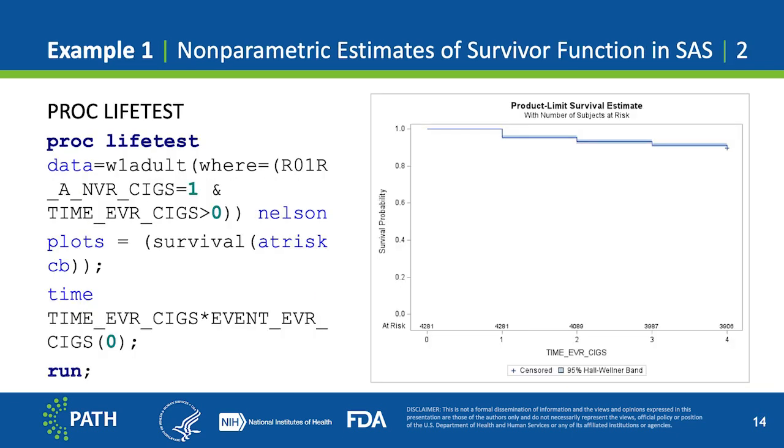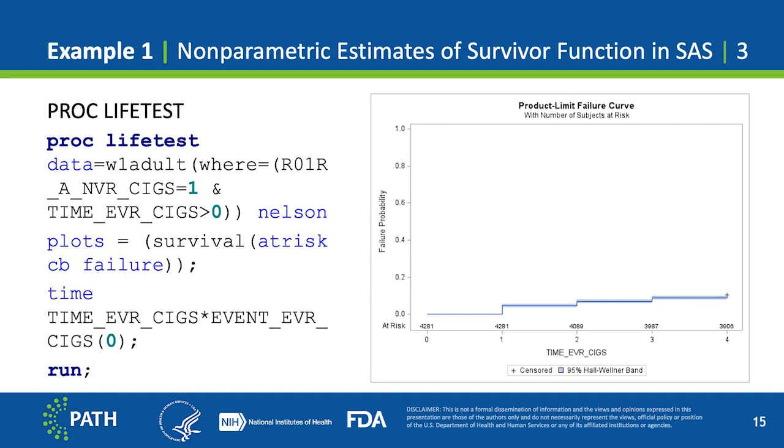In addition, we are also able to plot the survival estimates. You can see this is like a step function at each time point, where each step down represents the proportion of people who converted to cigarette use. By wave 5, the survival rate drops to 0.9.